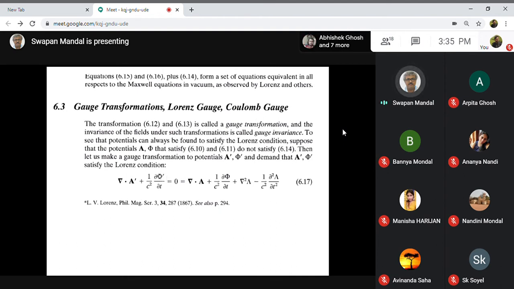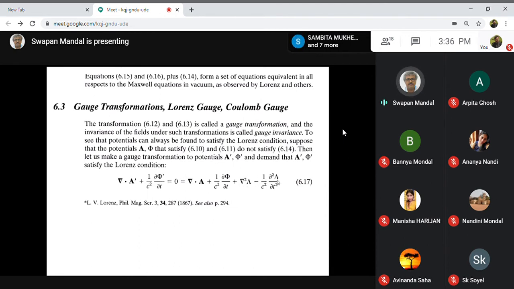Therefore the 1 by c square del phi del t term is here, and minus 1 by c square del square lambda del t square. So if you compare the two coordinates, I have these extra terms in the new coordinate compared to the earlier coordinate.